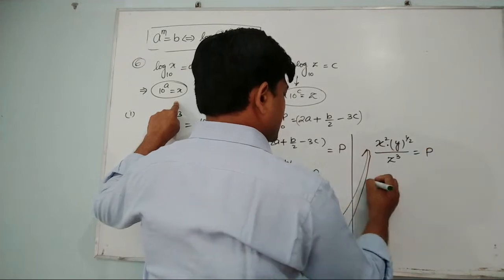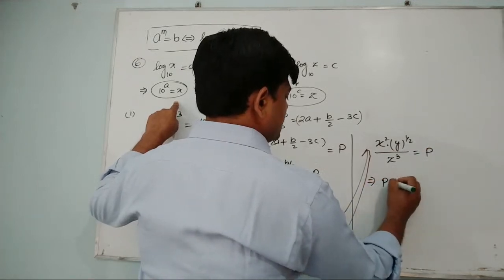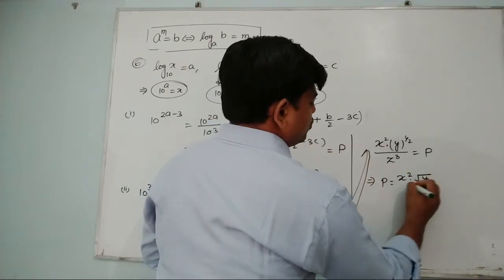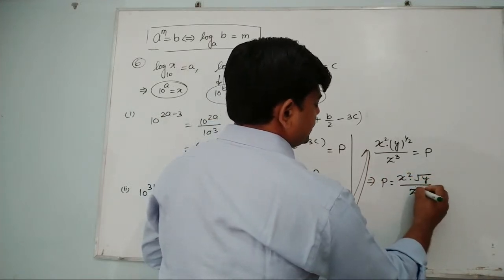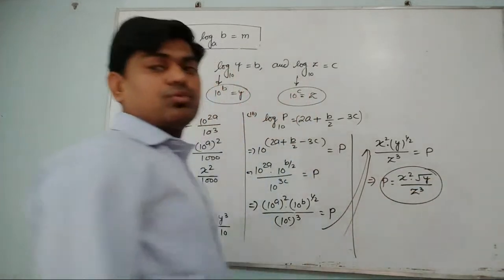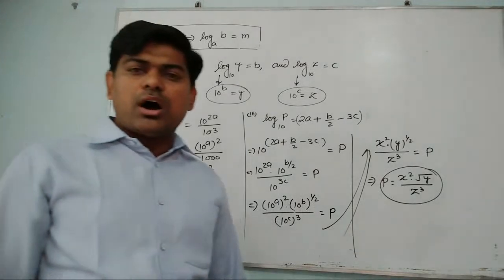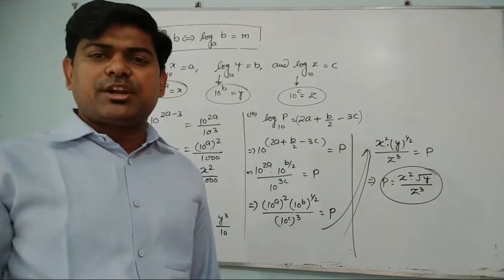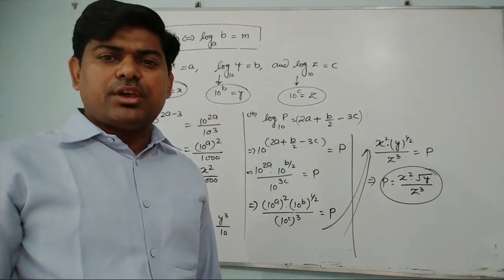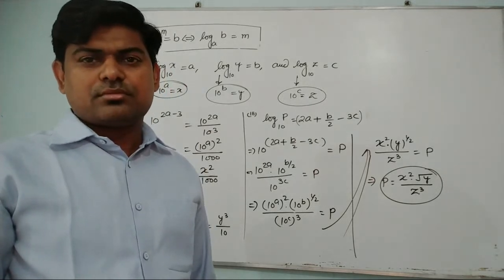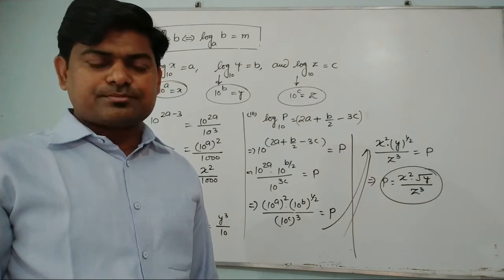It is equal to p, and I can write p is equal to x square root y upon z cube. Now see, the value of p has been written in terms of x, y and z or not. That was our question.